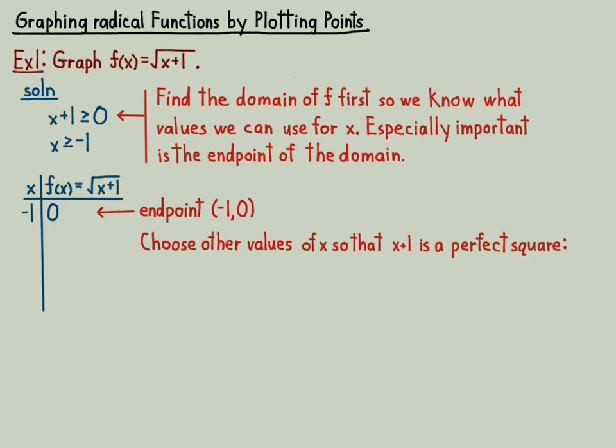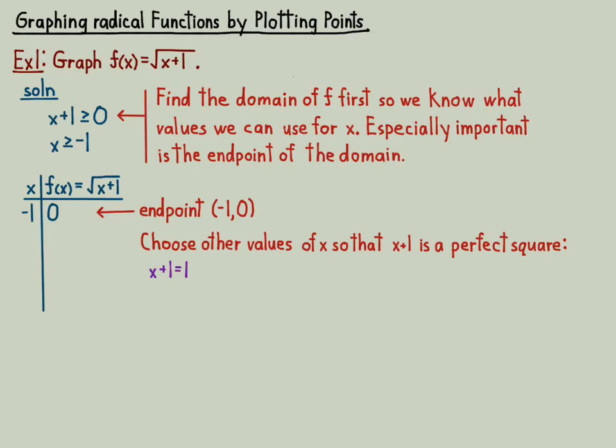And since we're doing square roots, that means we want x plus 1 to be a perfect square. So square root of 0, square root of 1, square root of 4, square root of 9 if I wanted another one. But I would just use 0, 1, and 4.